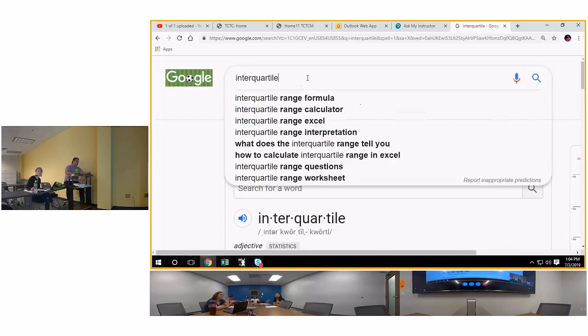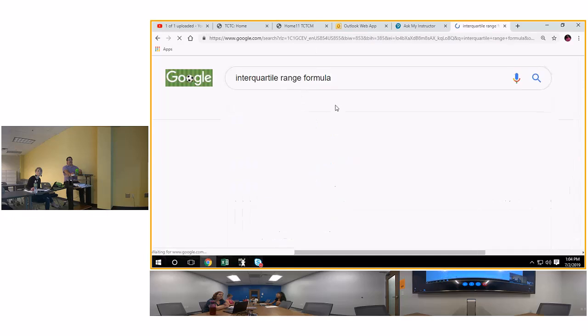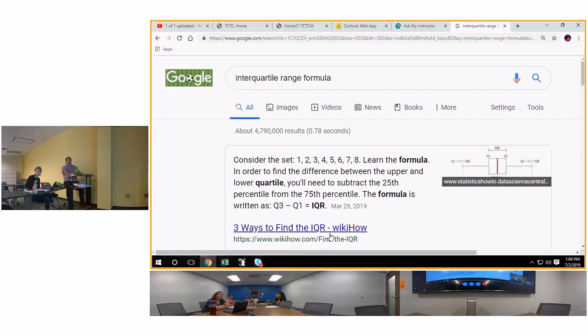I think it's the third minus the first. I'm just pulling it up so y'all can see it. There it is. Q sub 3 minus Q sub 1. That's the interquartile range. So write that down. You take the third quartile and minus the first quartile.